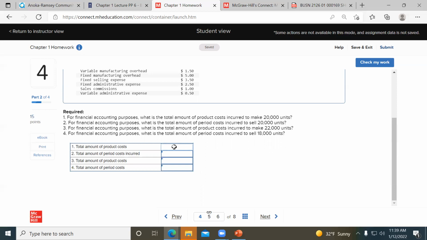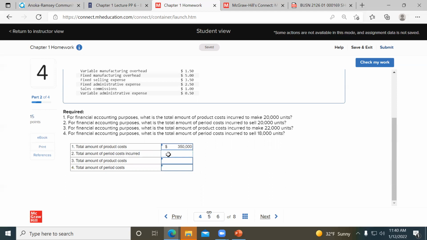How did you come up with it? You're right, 350,000. We take our direct materials, direct labor, variable manufacturing overhead times 20,000 units, right? And then we take our average fixed manufacturing overhead, so 350,000.